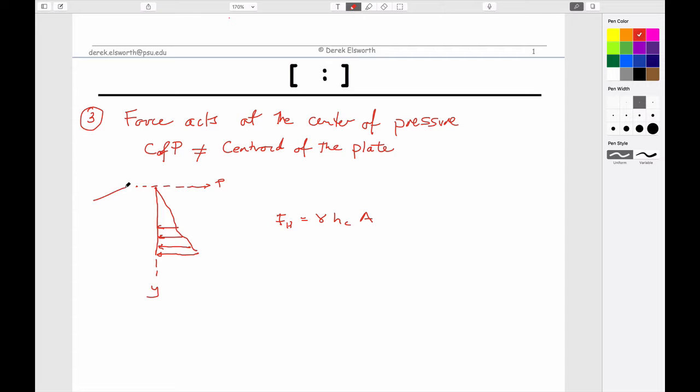If this happens to be a plate which we draw in perspective like this, then definitely the centroid of this plate is at mid-height. And so if this is H, then this is HC, which is equal to H over 2.